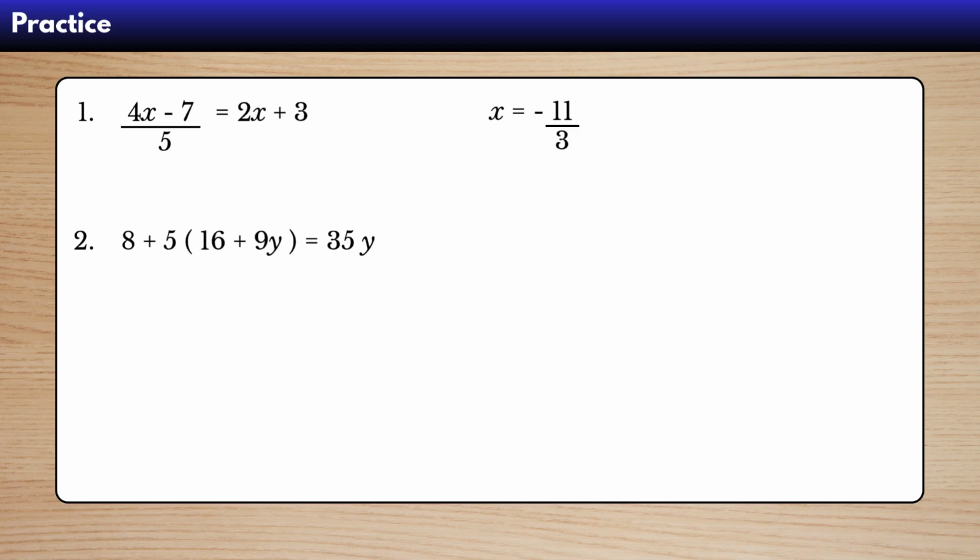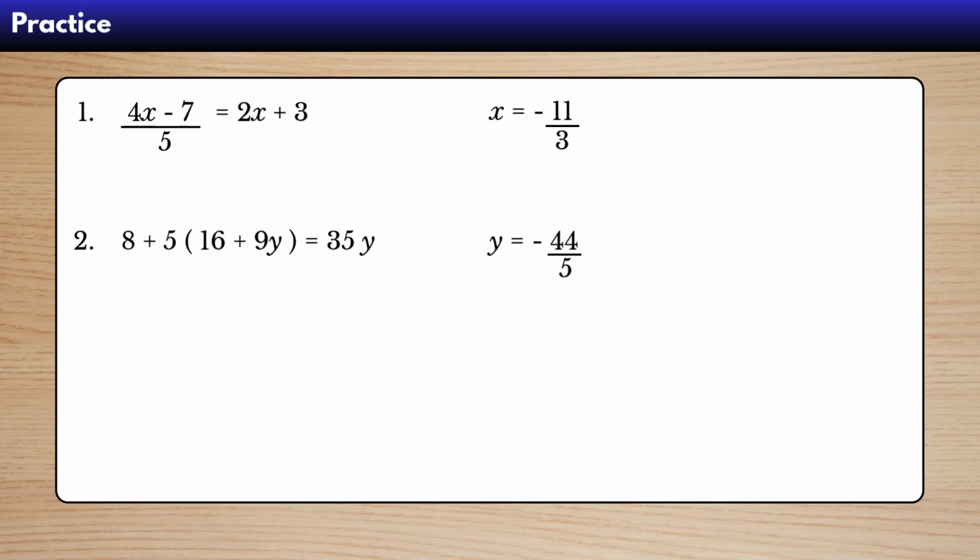Pause the video to try this one on your own. I will reveal the solution to equation 2 in 5, 4, 3, 2, 1. The solution to equation 2 is y is equal to negative 44/5.